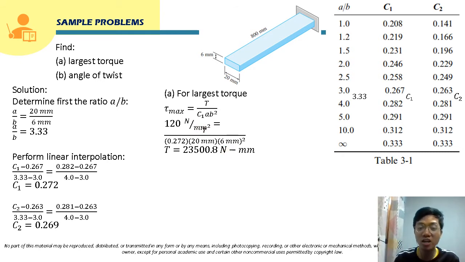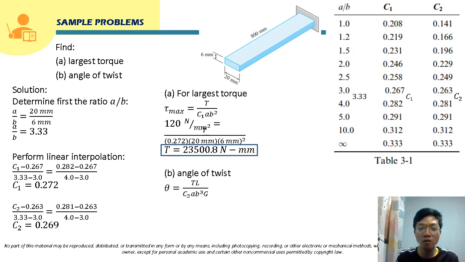Here, the angle of twist is not given, so we cannot compare values of T since there is no value of angle of twist. So this is already the answer, based on the allowable shear stress given in the problem: the largest torque is 23,500.8 Newton millimeter.